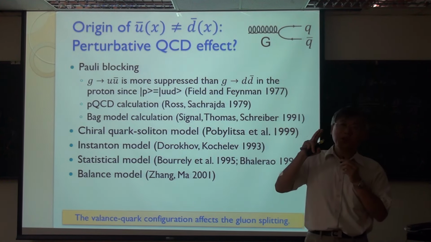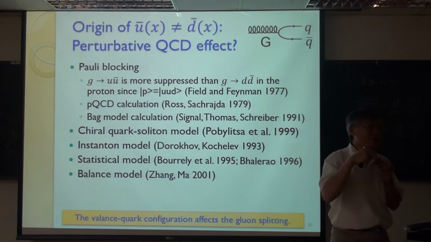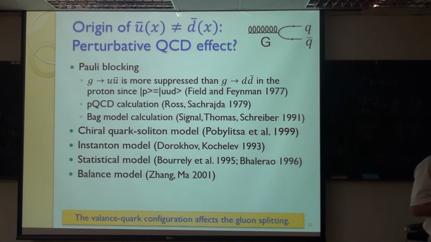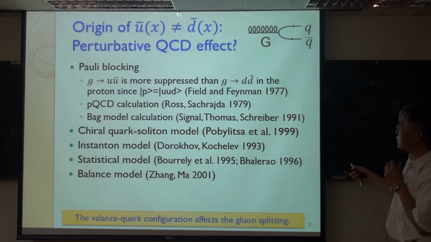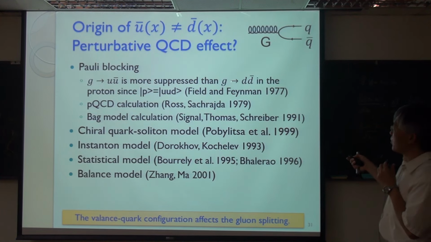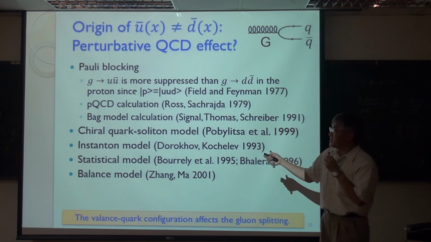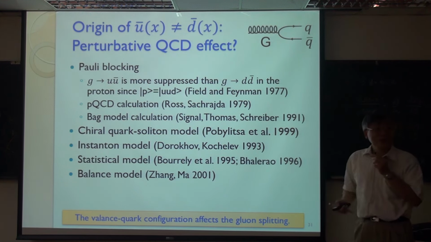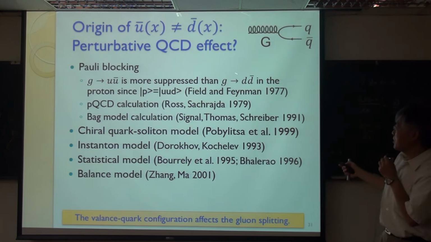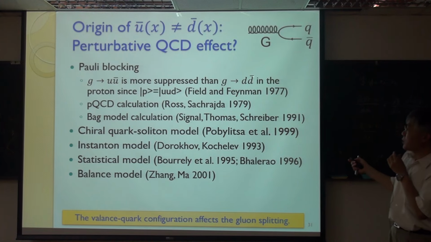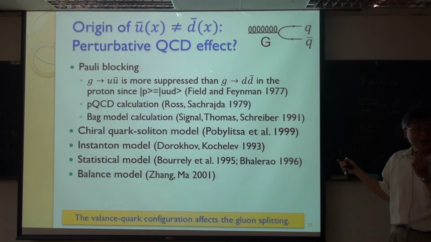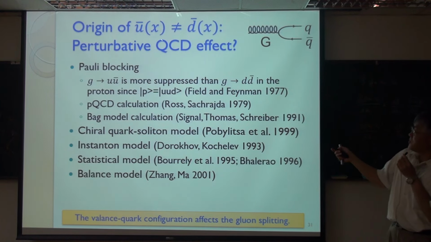So these 2 u valence quarks introduce more Pauli blocking effect on the gluon going to u u bar than on the gluon going to d d bar. That more or less suppresses the gluon going to u u bar. So this gives you some kind of qualitative understanding of why d bar has more.